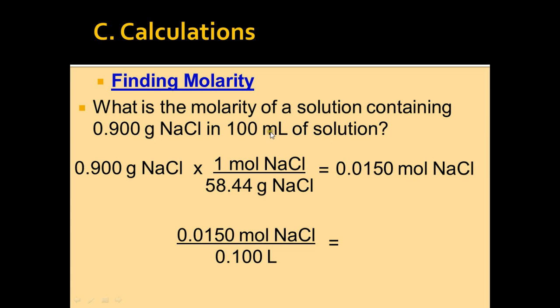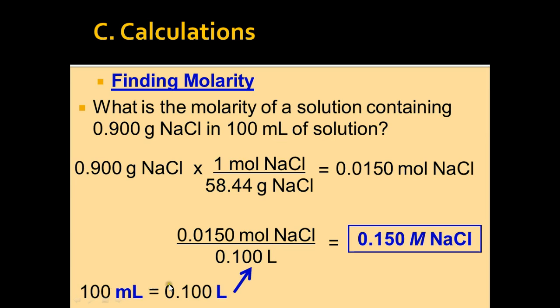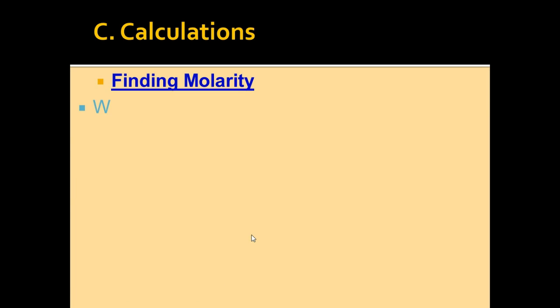Once we get liters, we can do moles over liters, and we get molarity. So when you convert from milliliters to liters, you move the decimal 3 places to the left, and the opposite, from liters to milliliters, you move it 3 places to the right. When we do these problems, you usually convert milliliters immediately to liters, ASAP, because it makes the problems so much easier, and you have to do it eventually.